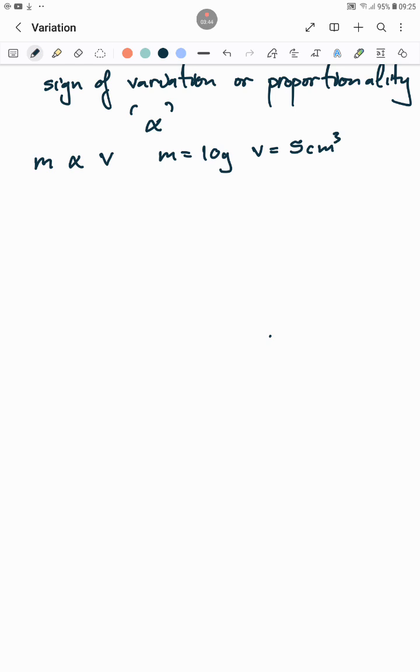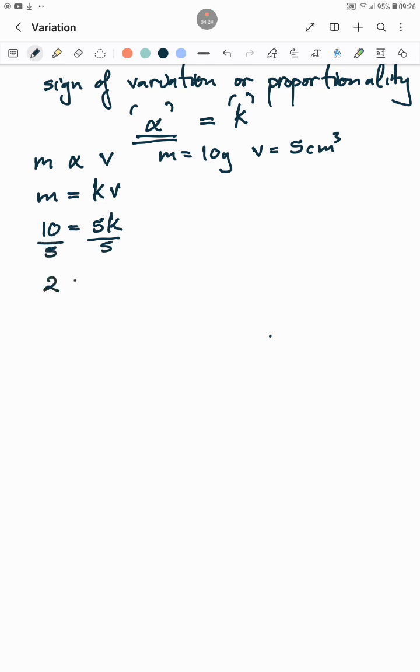Whenever you remove the sign of proportionality, you replace it with a constant. So the next stage here would be to introduce a constant, and here this is 10 is equal to 5k, and you divide both sides by 5.